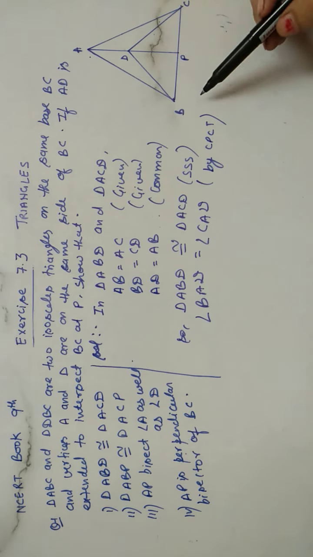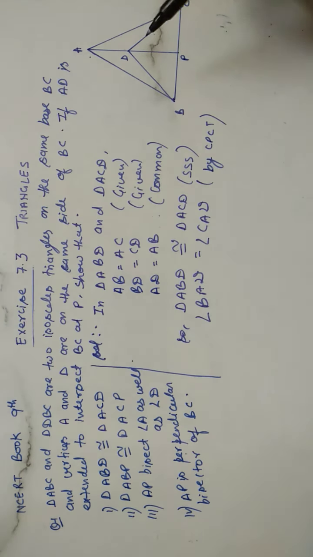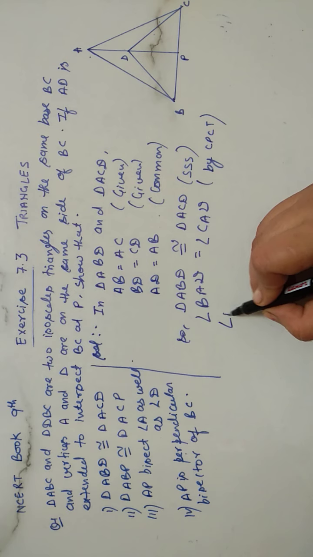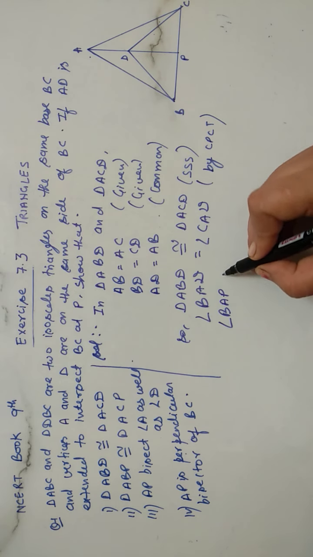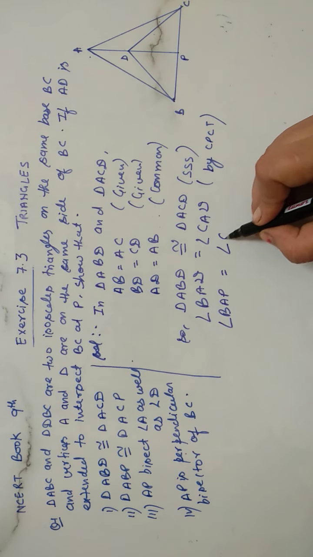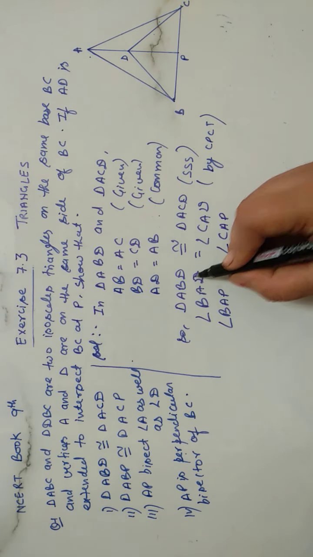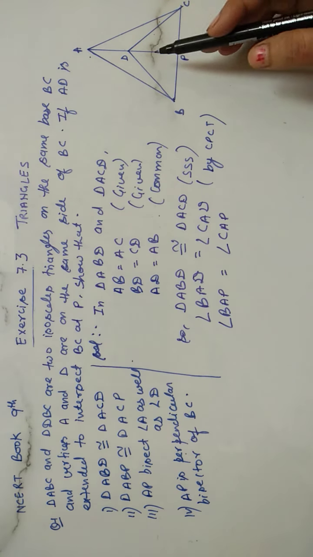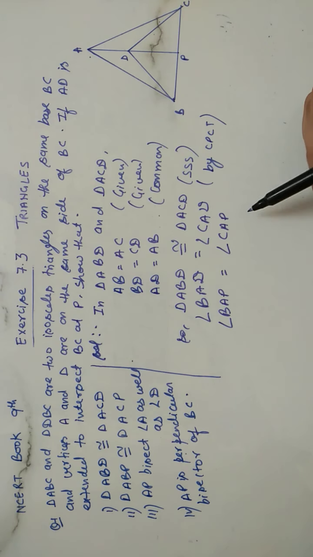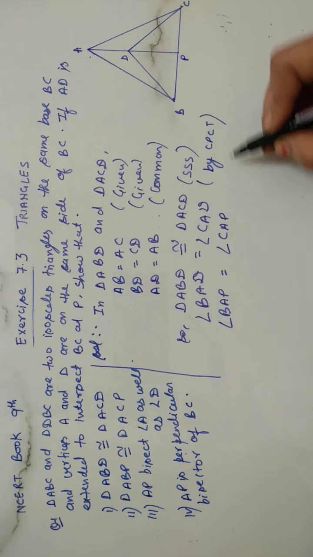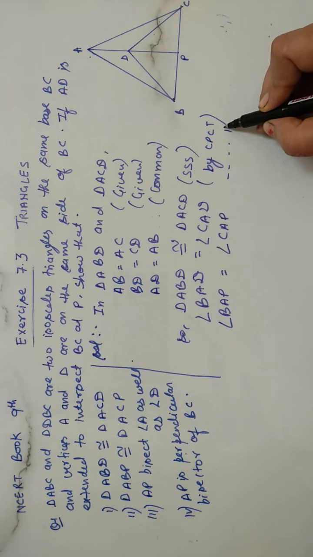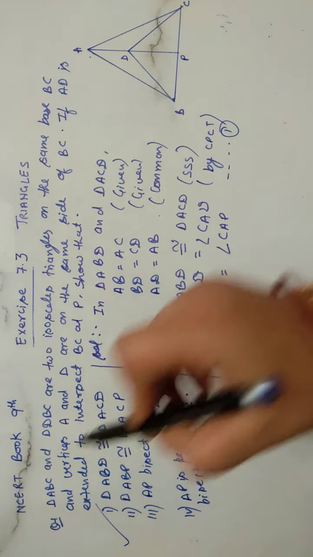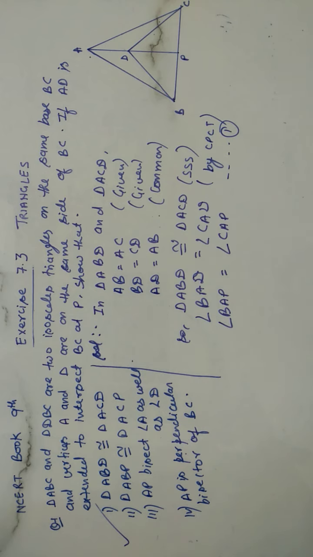Instead of BAD or CAD, you can say angle BAP equals angle CAP, because we are extending AD to point P. So you can take it till D also and till P also. This is our equation one, and we have proved our first point.